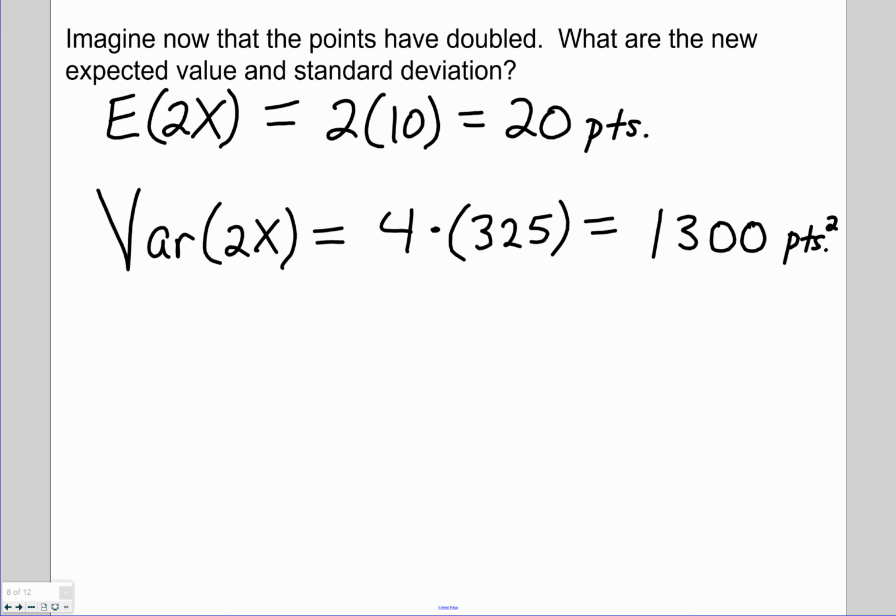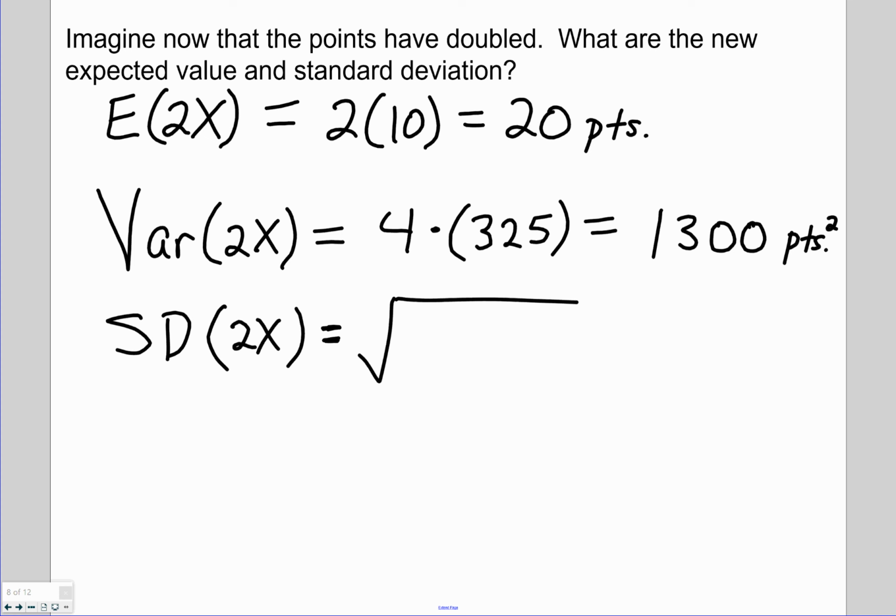So to find the standard deviation, wow, you'd think I've done this before. I'm going to lose all my subscribers. The standard deviation of doubling our random variable is going to be the square root of 1,300.